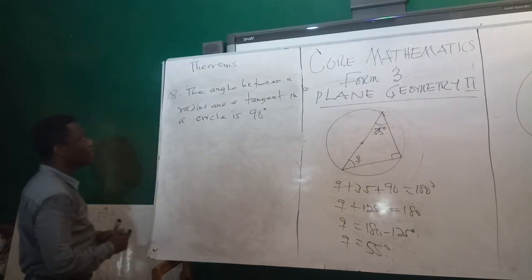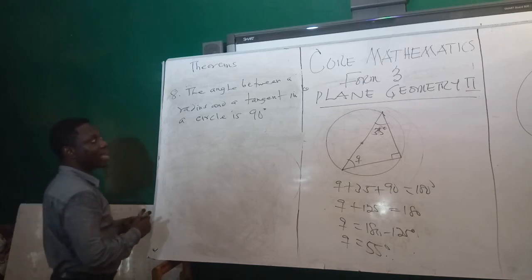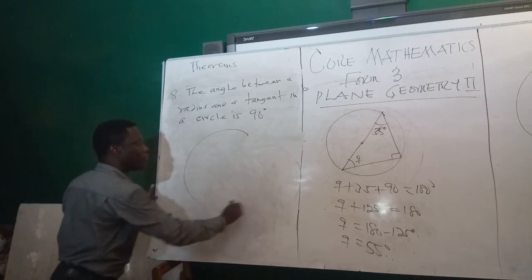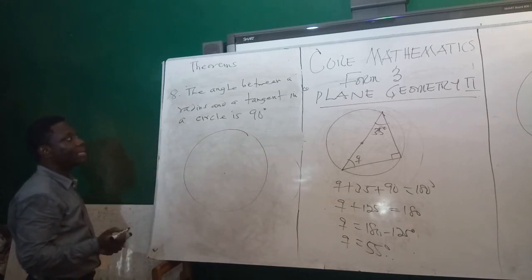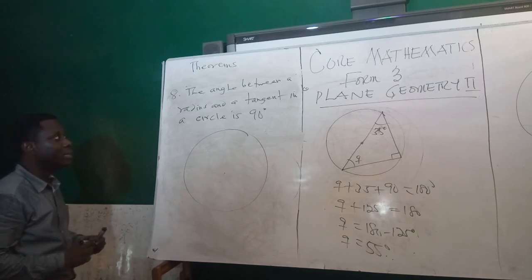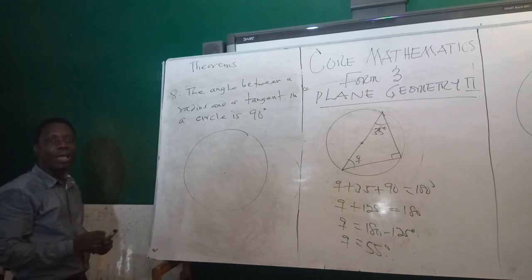We are saying that I've introduced a concept here, and that concept is tangent. It has not come up so far, so I have to quickly touch on it. What is a tangent? A tangent is basically a straight line that touches a curve or a circle.